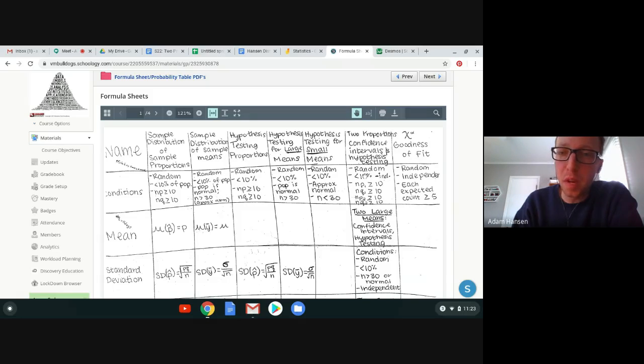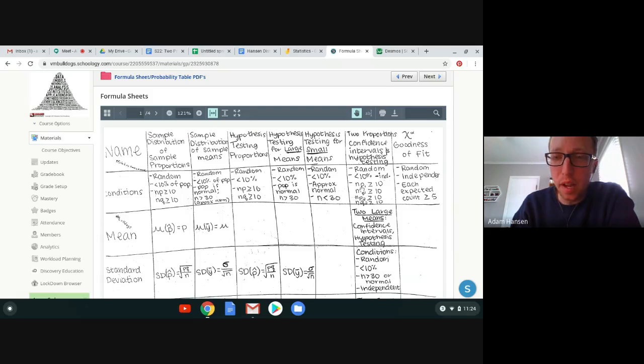Was this a random sample? Well, we're only looking at 1 year. It might be better suited for us to look at a collection of years, their NBA totals altogether, but we'll go ahead and assume that they just picked one random year, perhaps. I think the 200 or so free throw attempts are less than 10% of all free throws shot by these two players. So that checks out.